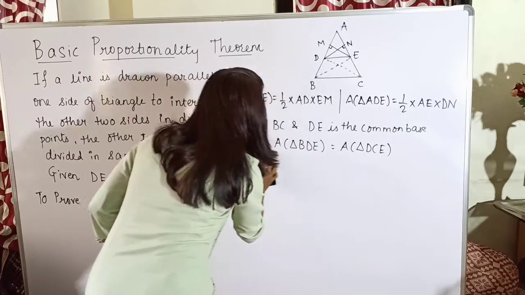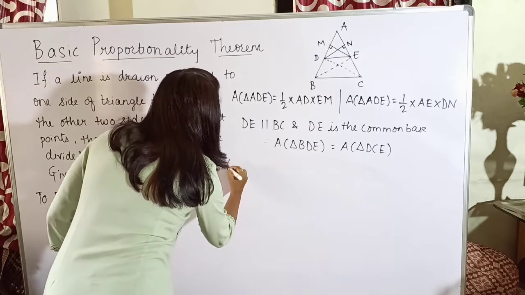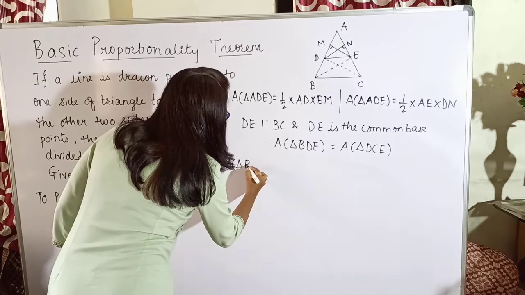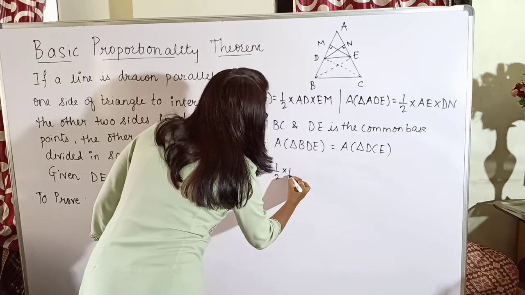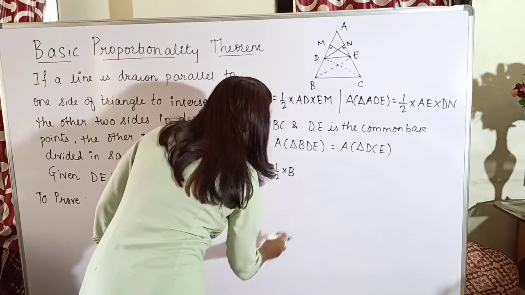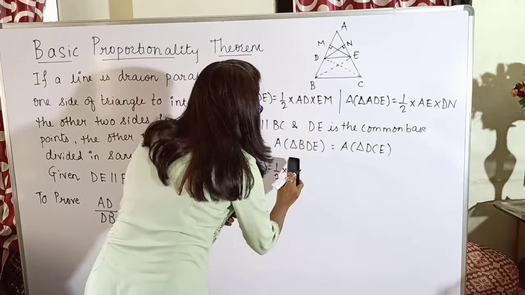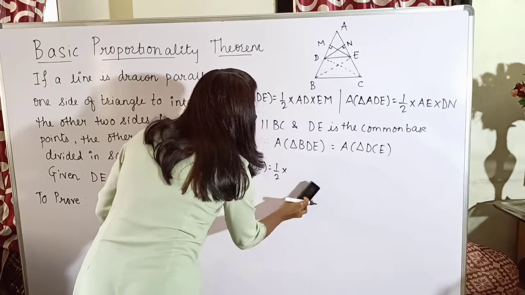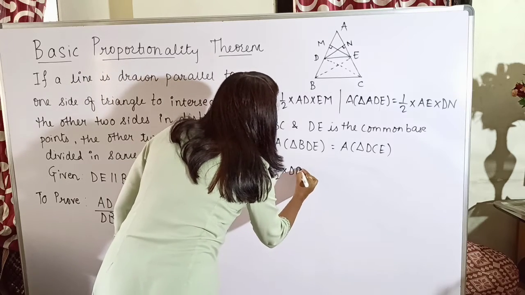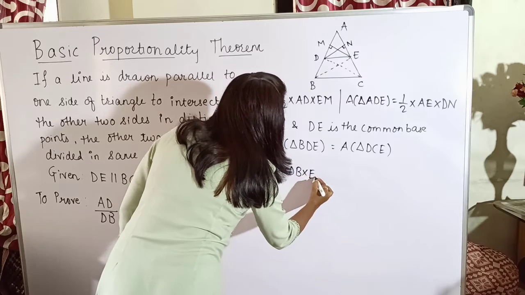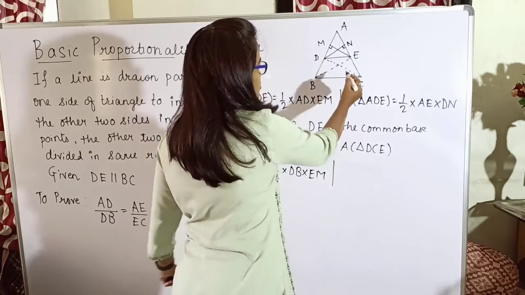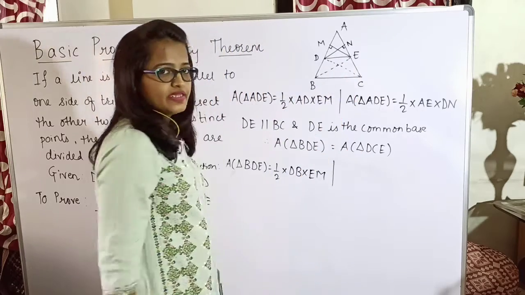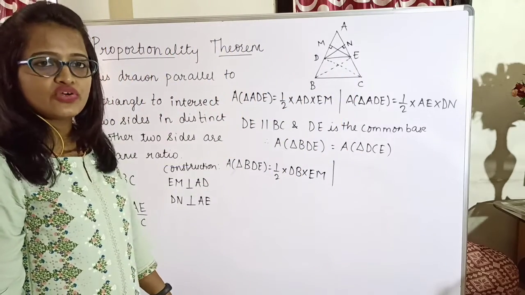Okay, let me write down this side. So area of triangle BDE is equal to half into base BD, or let me write it DB, because in our proof we have written DB. So let us write down DB into height, which is EM. Similarly for DCE also, if I take EC as the base, which is the height which is falling on EC?